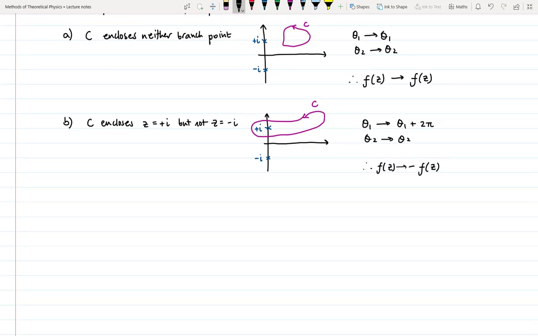Let's carry on with another example. Let's now look at C that encloses the point z equals minus i, but not z equals plus i. And our loop might look something like this.